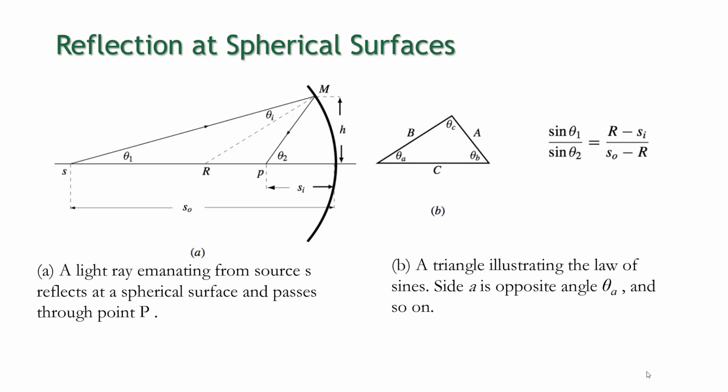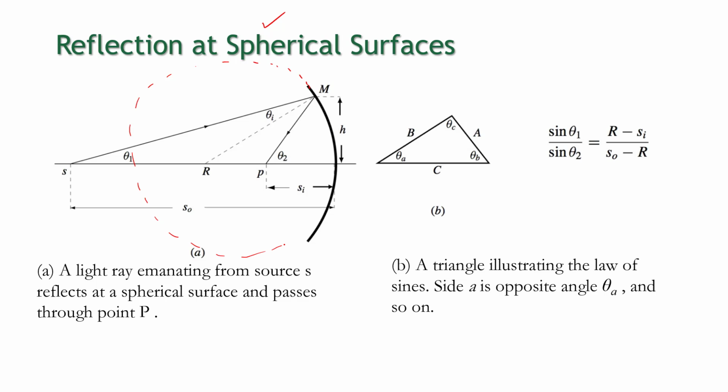The light that hits that point M goes through point P, because the light will be reflected back, and the reflected light goes through point P. And this R is the center of the sphere, if you consider this to be a part of a sphere, because we are considering a spherical surface.